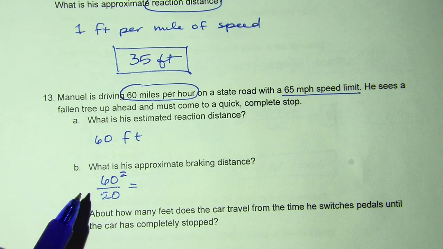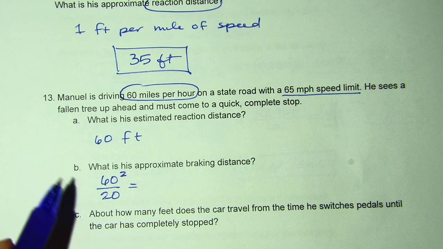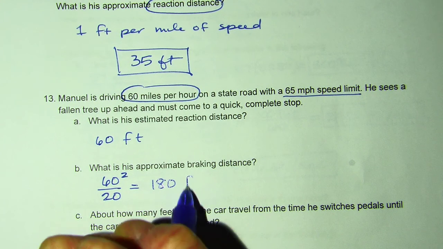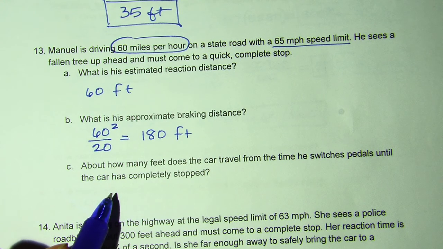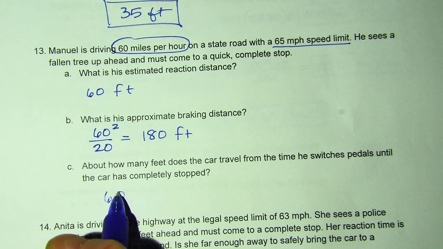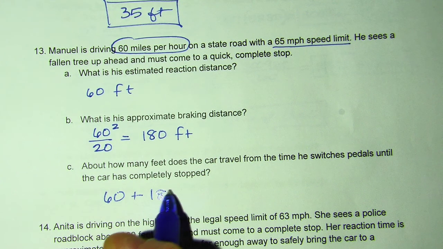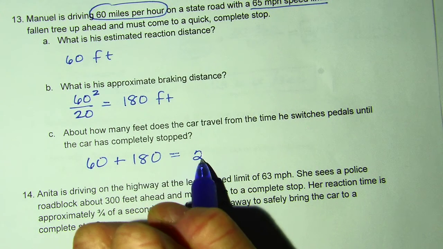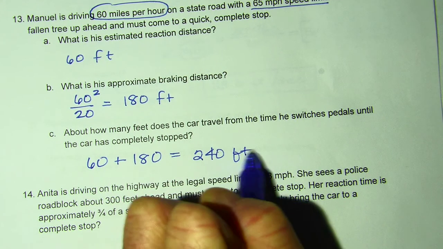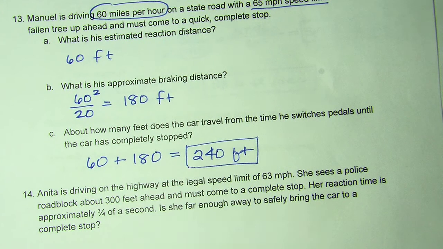So in my calculator, 60 squared divided by 20, I get 180 feet. About how many feet does the car travel from the time he switches the pedal until he's come to a complete stop? Well, you would add it. 60 to react, 180 for my brakes to completely come to a stop. He would need 240 feet to not hit the tree.